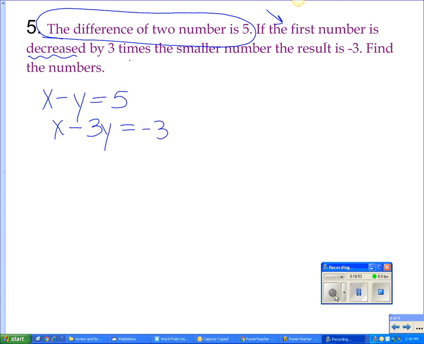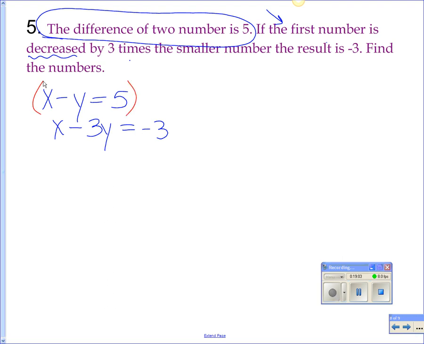All right, Chuck, how did you start this? What did you do? Around which one? Okay, and what did you put outside the top one? Very good. This is a positive one, and that's a positive one, so I need one of them to be -1. Good job, Chuck. All right, so after I do that, Joey, what do you get when you multiply each one of these by -1?